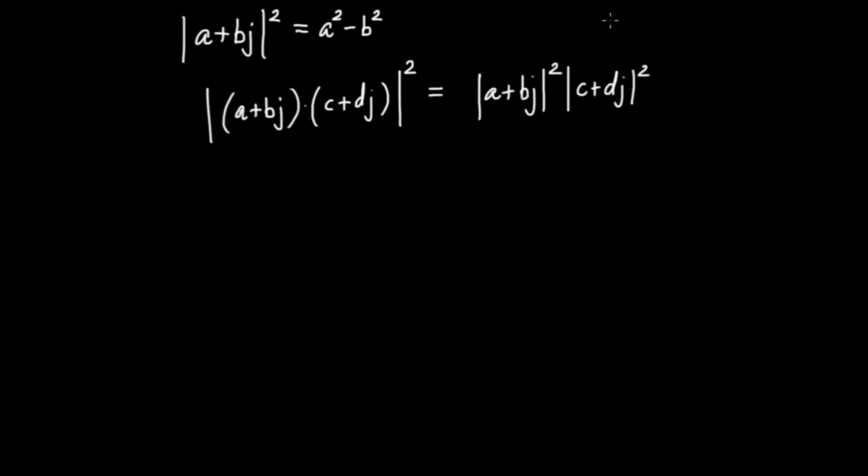And put more concisely, if I have two split complex numbers, let's say x and y, then the squared magnitude of the product is equal to the product of the squared magnitudes of x and of y. So let me prove this to you now.